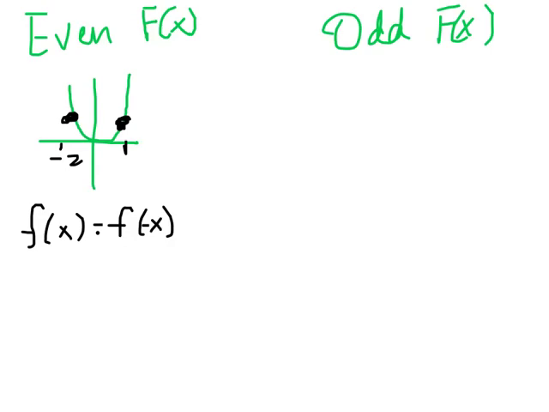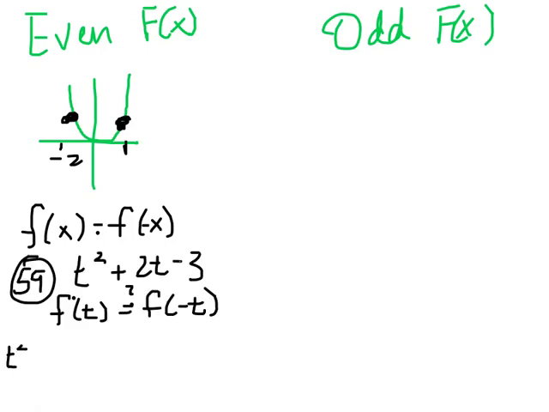So how do you prove something is or isn't an even function? You do the math. Let's pick one from your homework that talks about even and odd. If I plug t in, I have what's written there, t squared plus 2t minus 3. Now let's plug negative t in.